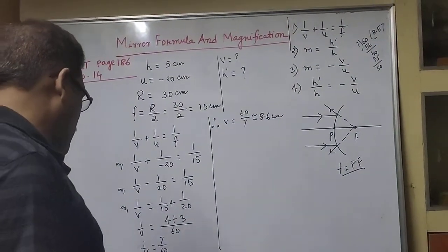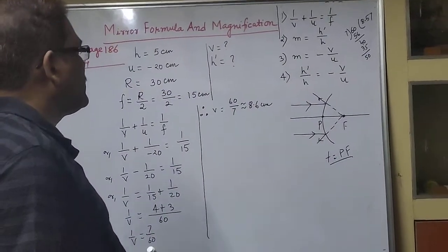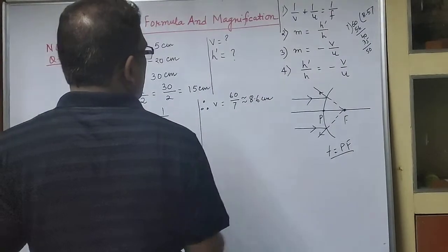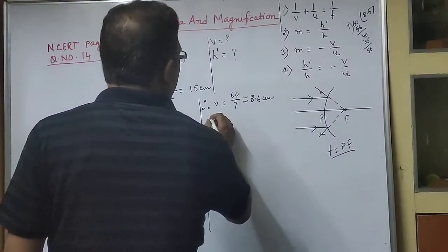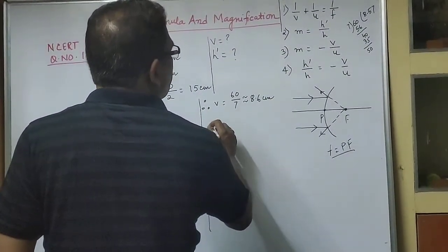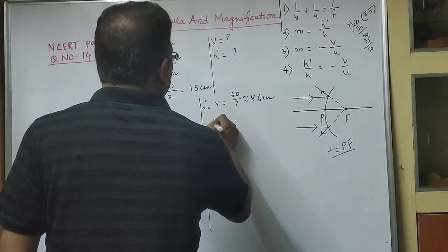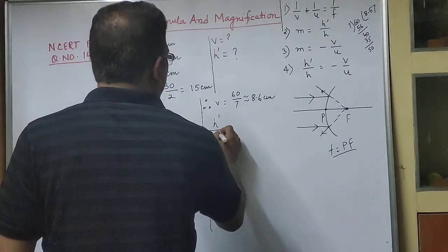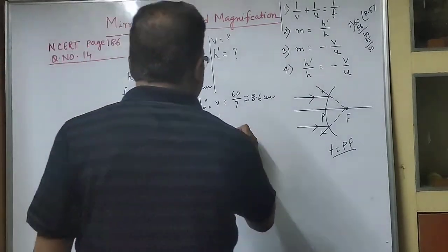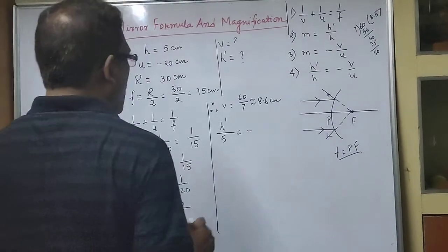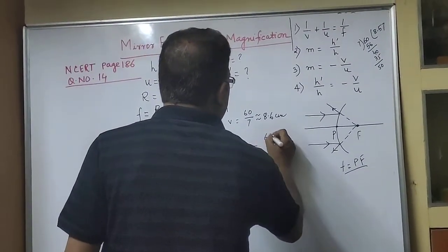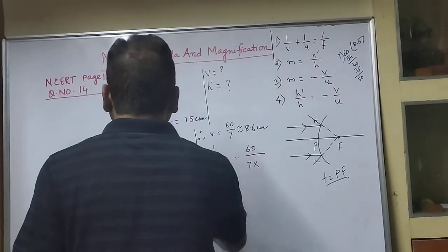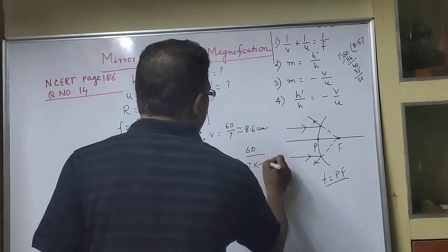Then we have to calculate h dash. For h dash we will use equation 4: h dash by h is equal to minus v by u. h is 5, and from the formula, v is 60 by 7 and u is minus 20.